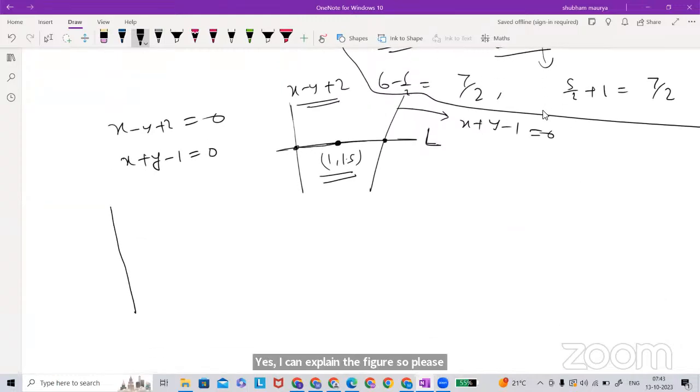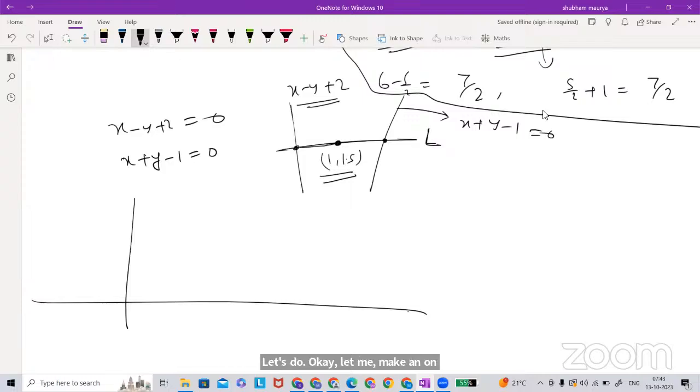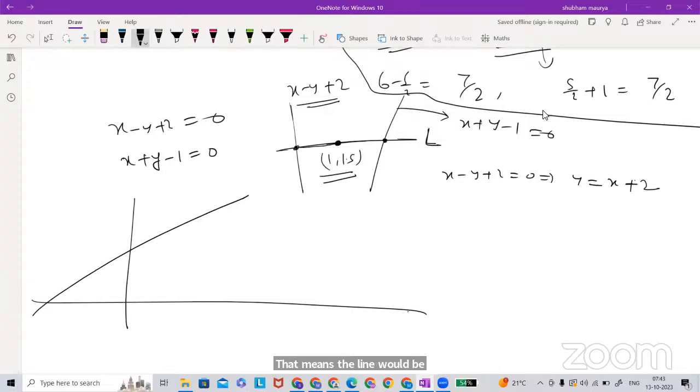Suppose this is one line, x minus y plus 2. Let me make the axes. Suppose this is the coordinate plane. This is x minus y plus 2 equal to 0, that means y is equal to x plus 2. The line would be like this, and it intersects at (0, 2) because the y intercept is 2.